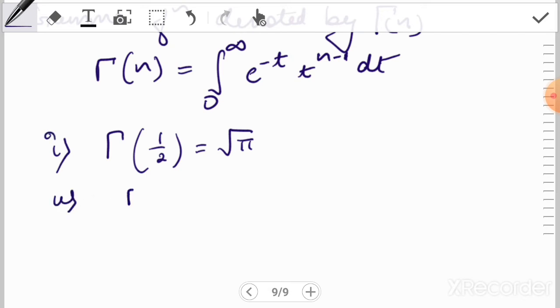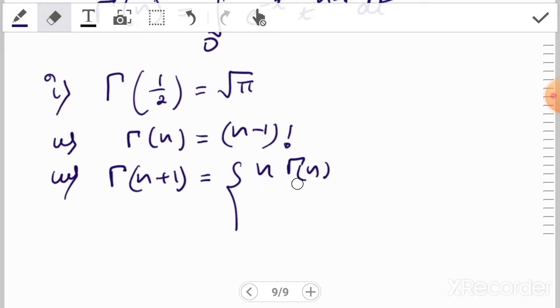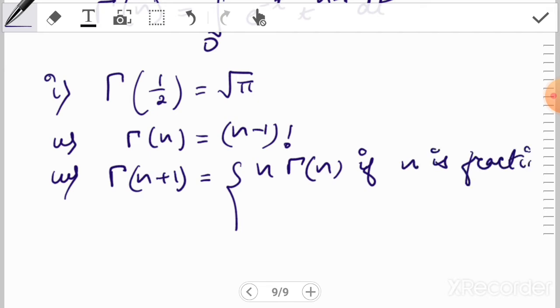Second, gamma(n) is equal to (n-1) factorial. Third, gamma(n+1) is equal to n gamma(n) if n is a fraction, and this is equal to n factorial if n is a positive integer.